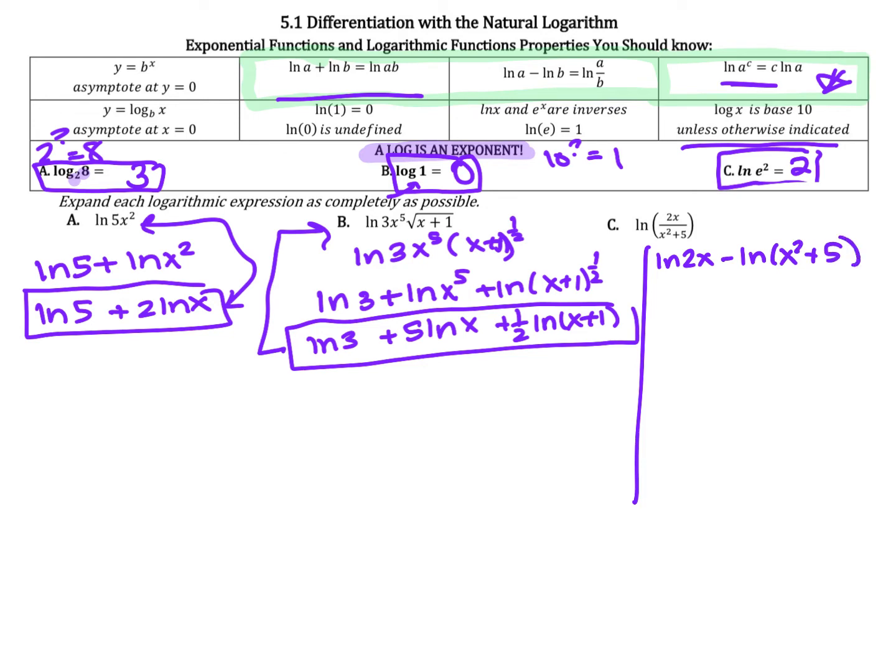And then we could expand natural log of 2x to be natural log of 2 plus natural log of x minus natural log of x squared plus 5. So expanding means using those properties to stretch it out to make it almost longer, definitely more to write, but that's going to help us when we're working with derivatives.